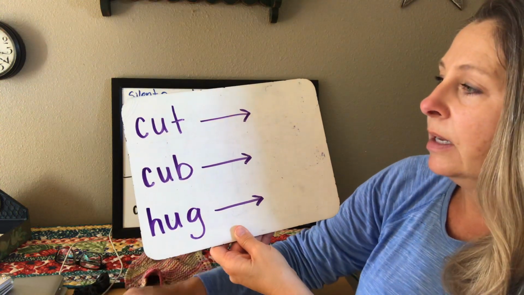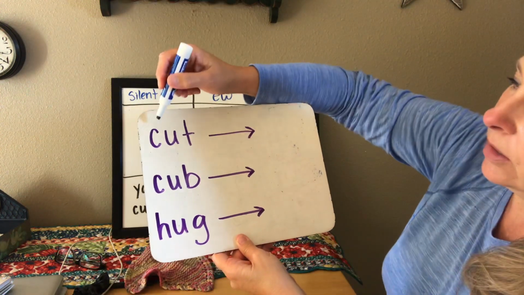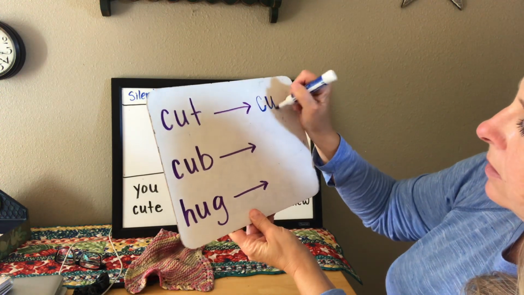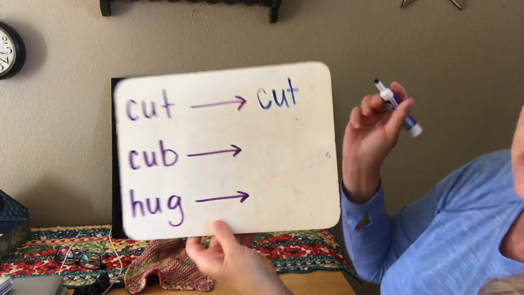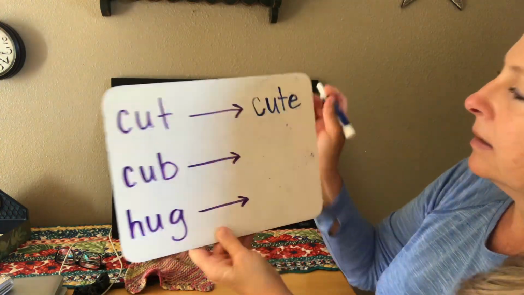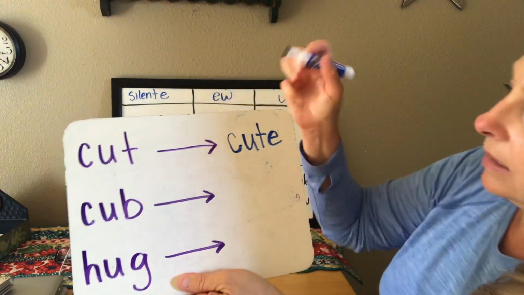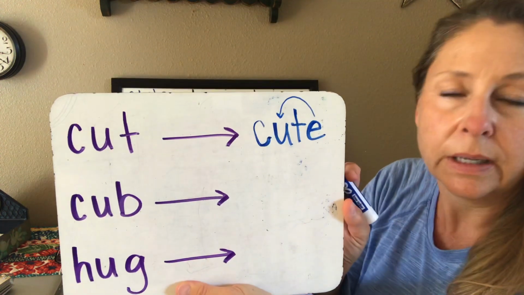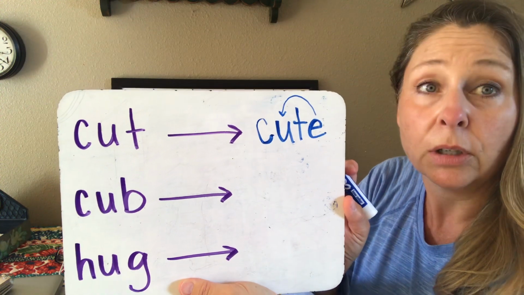But if I add that silent E to the end of this word, I can change this word into a new word. So I'll keep the same 3 letters, C-U-T, there's cut. But if I add that silent E on the end, that silent E is going to make this U say U instead of the short sound.